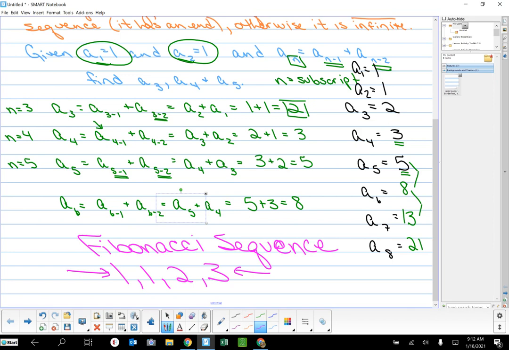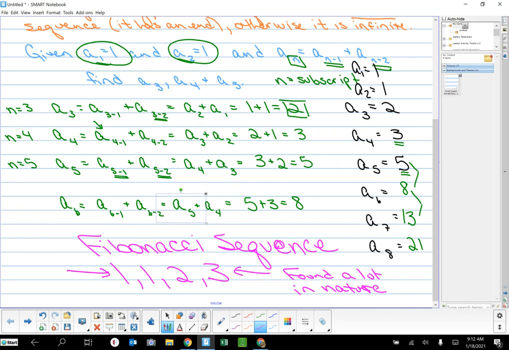So the Fibonacci sequence is super famous because it's actually found a lot in nature. It's found in weird places. It's found in the design of pine cones and snowflakes and seashells, and I want to say cauliflower.